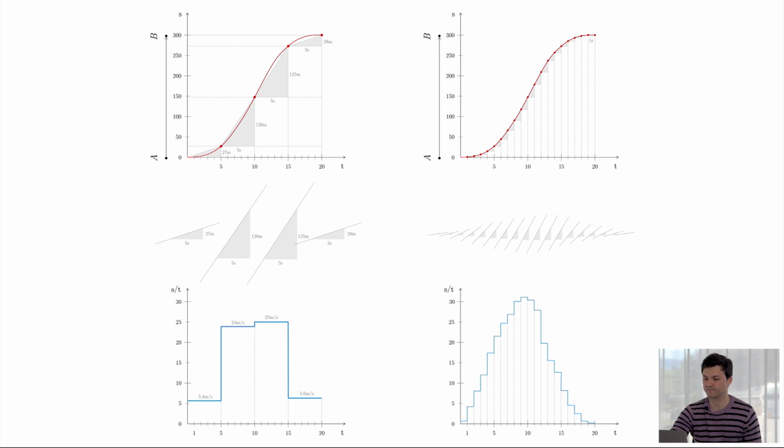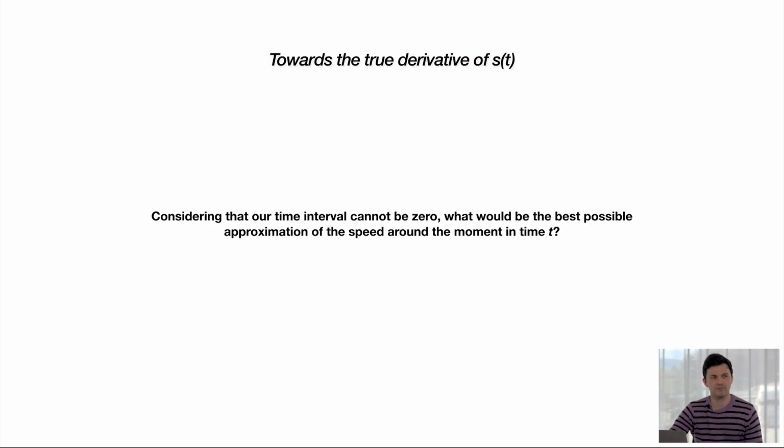The question here really is how far we can continue to subdivide and what will be the limit of this operation. And then we came to a very important question of derivatives: considering that our time interval cannot be 0, what would be the best possible approximation of the speed around the moment in time t? Why can it not be 0? Because if we divide any kind of magnitude by 0, this is simply not defined in mathematics.